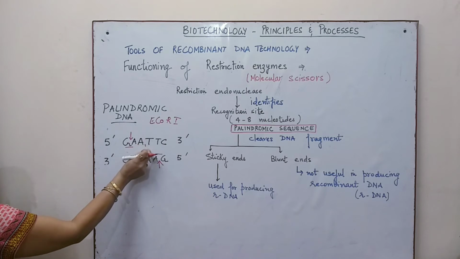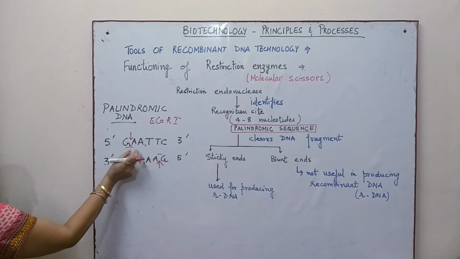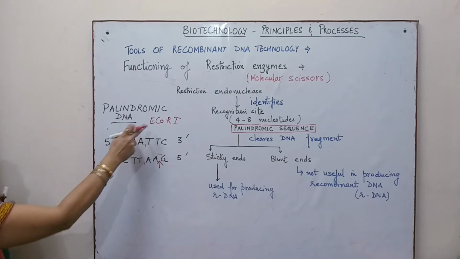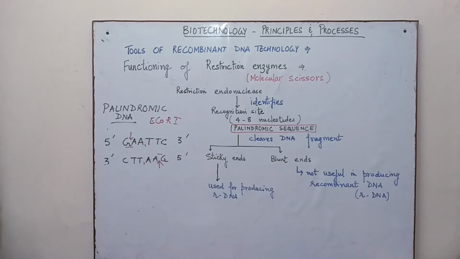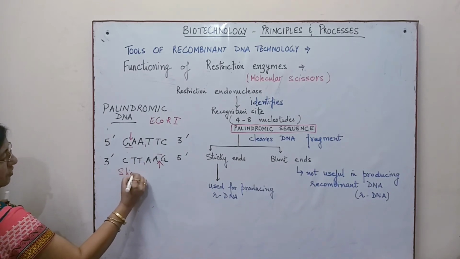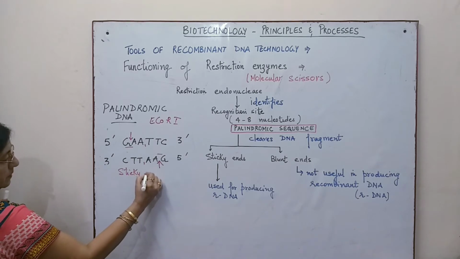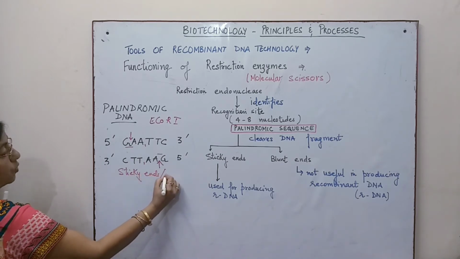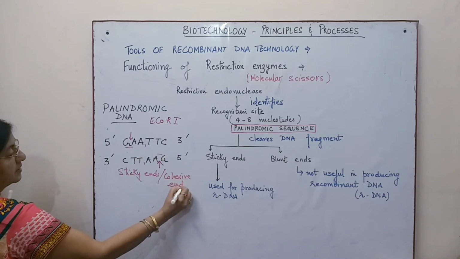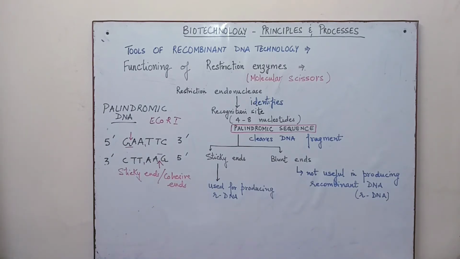When the cut or the fragmentation is a little away from the center, then that type of restriction endonuclease produces the sticky ends, or cohesive ends.